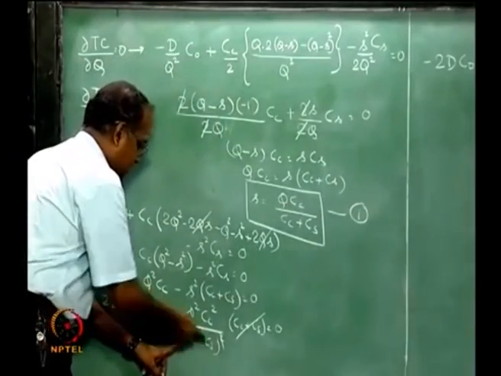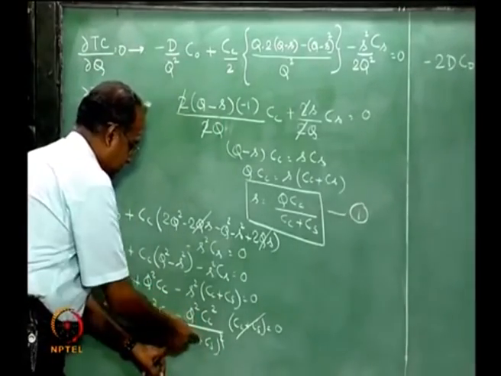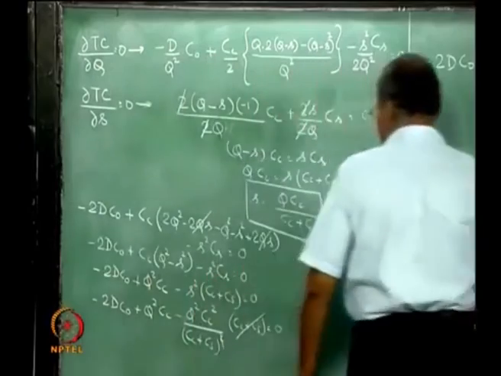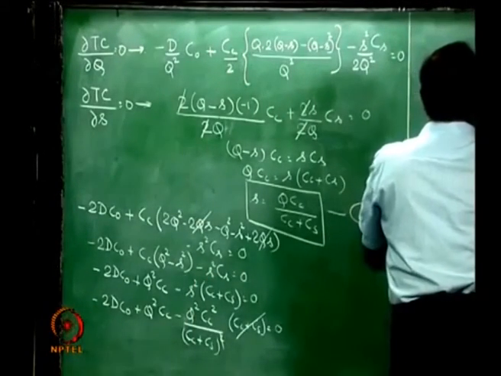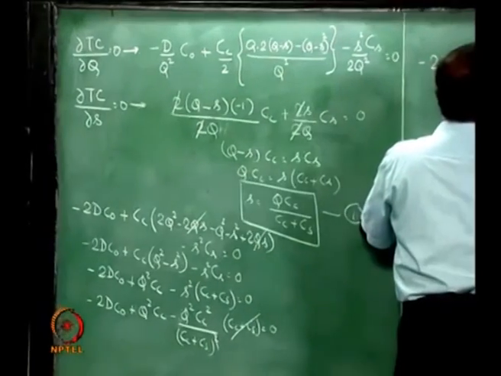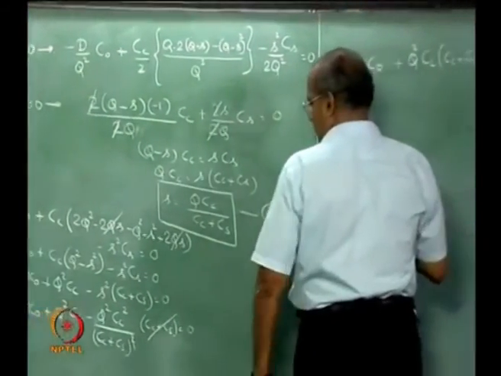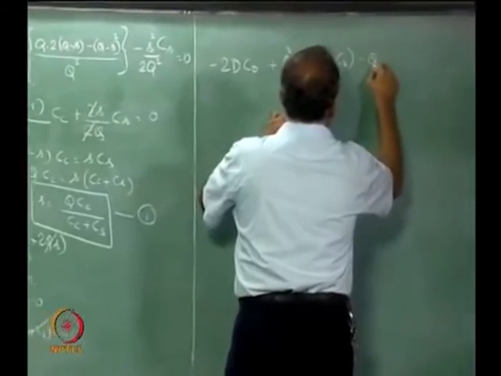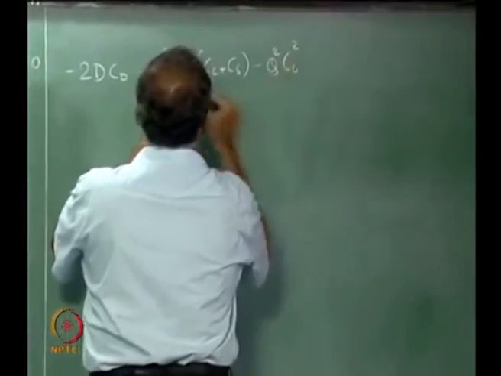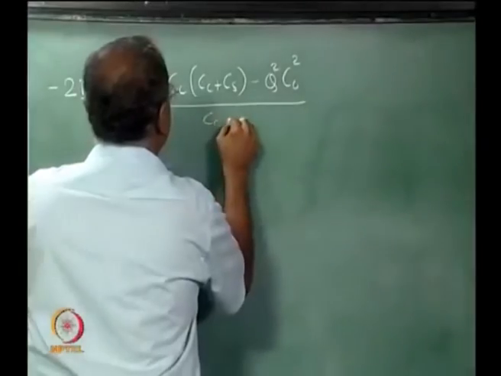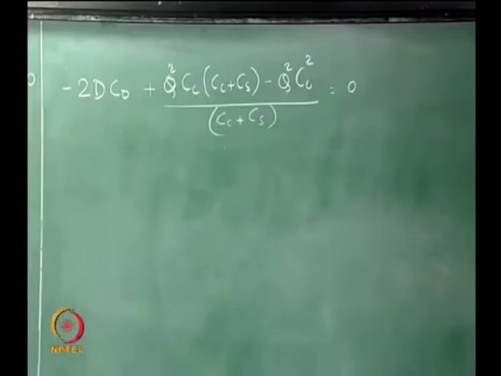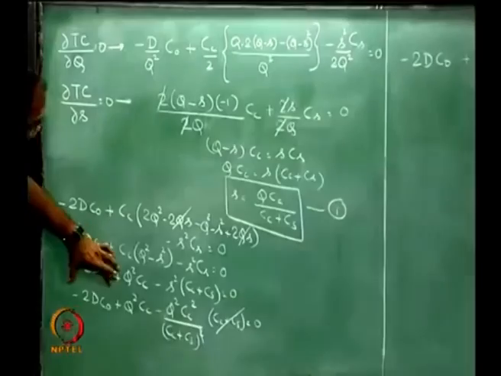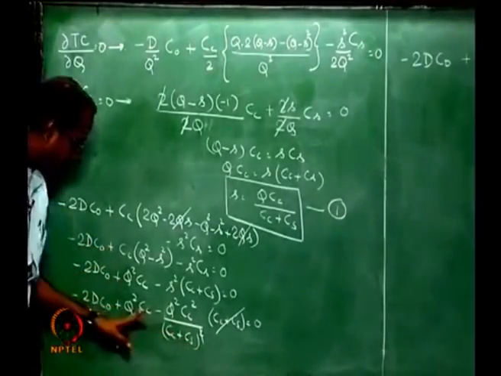Now, take this here, only here, plus q square Cc into Cc plus Cs minus q square Cc square by Cc plus Cs is equal to 0. I am leaving this as it is, I am taking this only up to this.